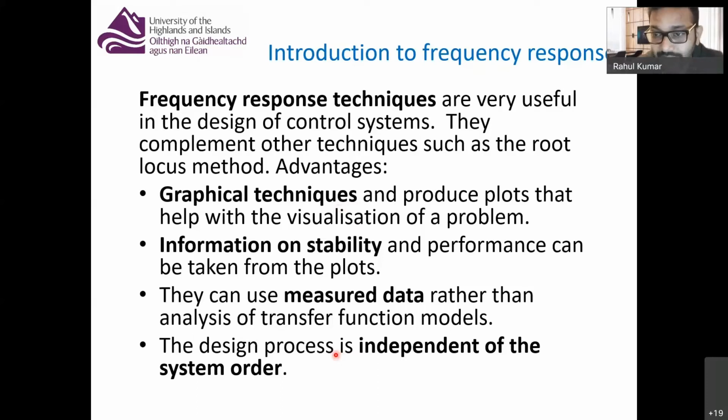That is, these techniques are independent of system order. They do not depend on the order of the system. So they are quite useful methods, and they are used very often. That's why they are quite important as well.